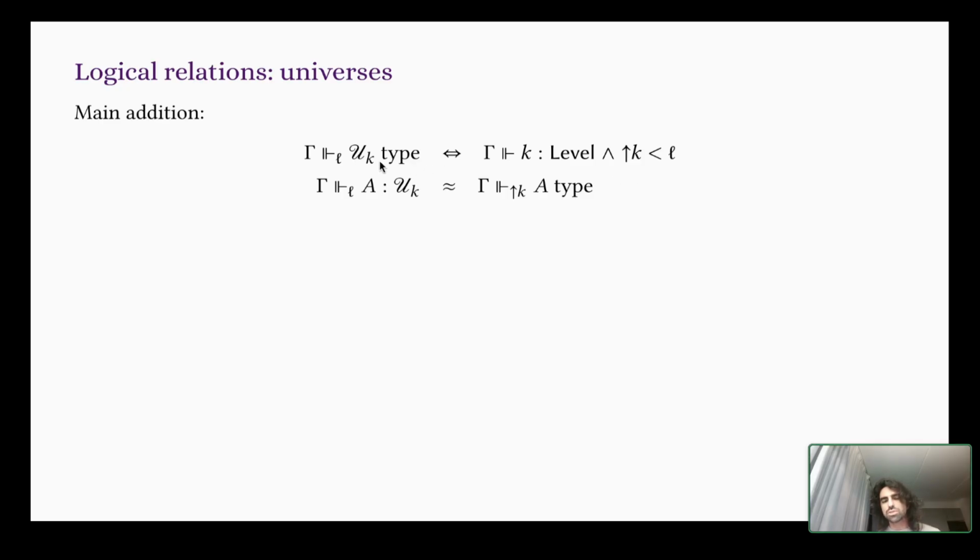So we say that UK is reducible if K is a reducible level and the realizer of K is less than L. And then given this, we say that a term A is reducible in the type UK if, roughly speaking, A is a reducible type at the level the realizer of K.